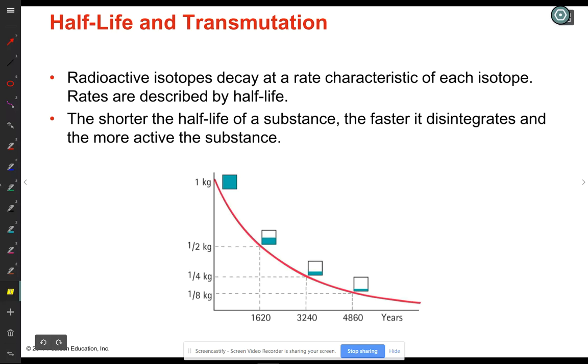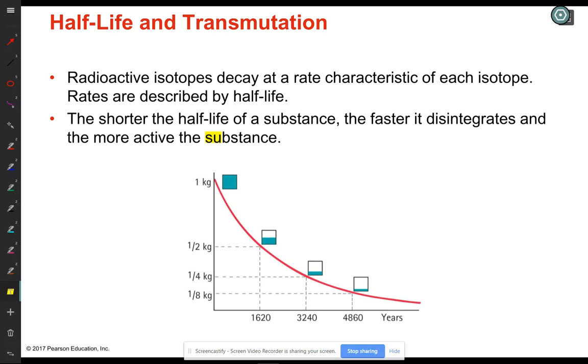So we've already done this math. If we started with 1 kilogram after 1 half-life, we should have half as much. 2 half-lives, 1/4 as much. That was what Jessica said. After 3 half-lives, 1/8 as much. After 10 half-lives, how much should you have left? It's 1/2 raised to the 10th, which is like 1/1024.